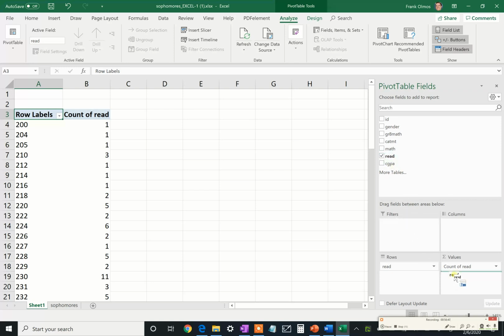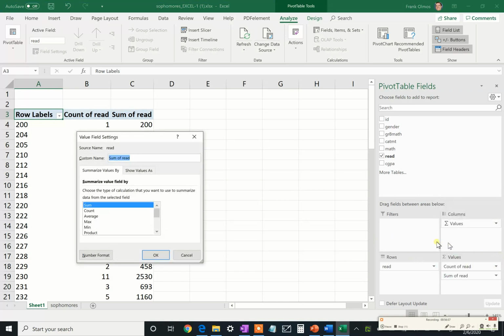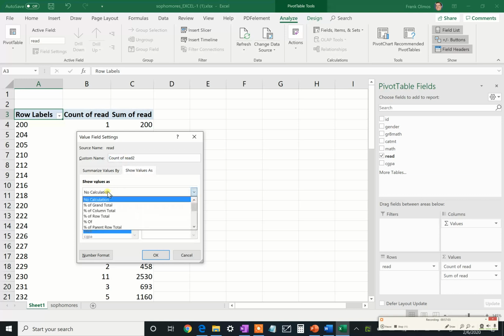So let's see if I do this. Cumulative frequency. Go to value settings. Count. And I think I go to show value as. And then running total.